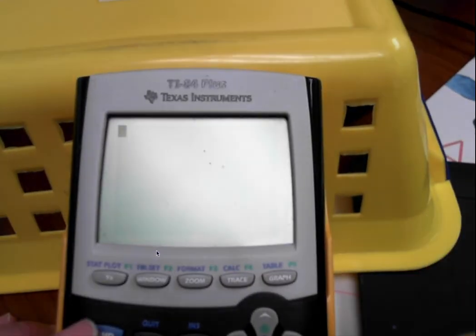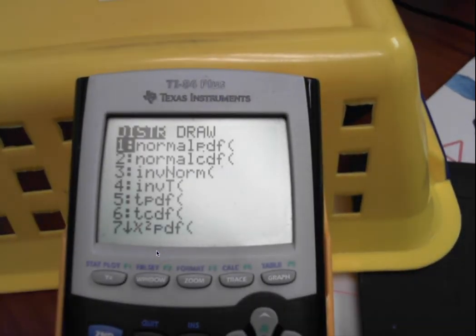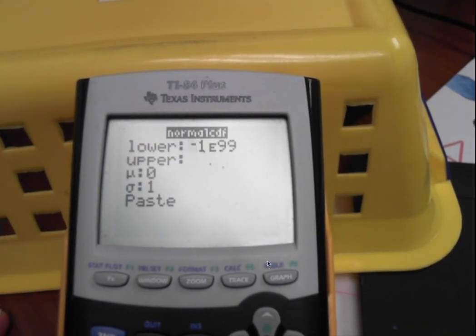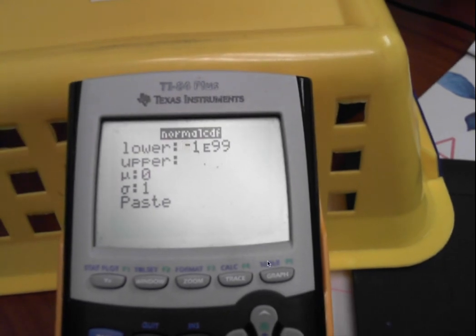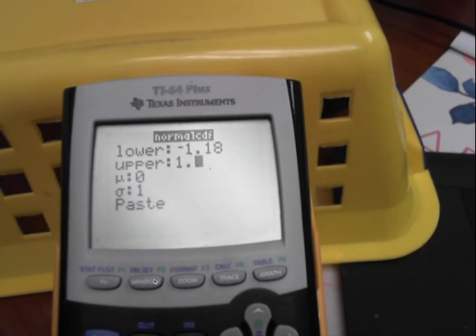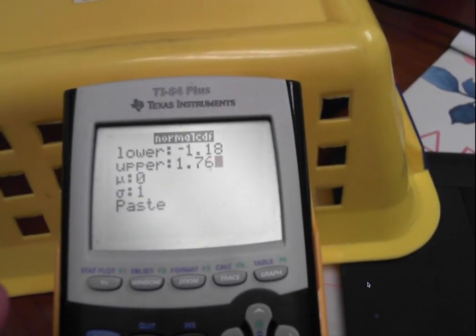So I'm going to go to second vars, and I want to do normal CDF, and my lower is going to be negative 1.18, and my upper is going to be 1.76. So you see, using the normal CDF, you do the left side and the right side, the lower and the upper.